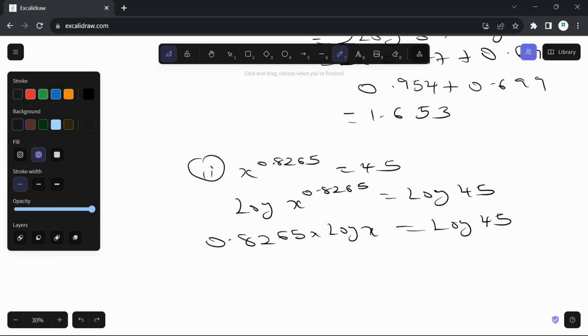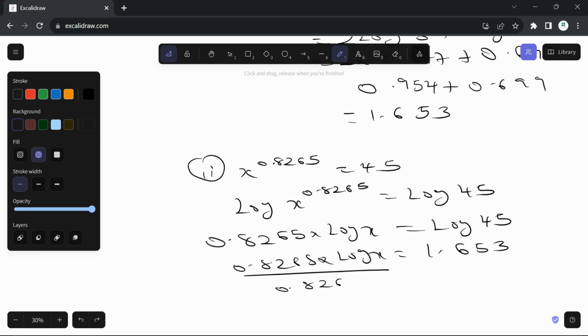So we already know that log 45 is 1.653. So that would be 0.8265 times log x is equal to 1.653. Great. If I divide both sides by 0.8265, this will cancel this.